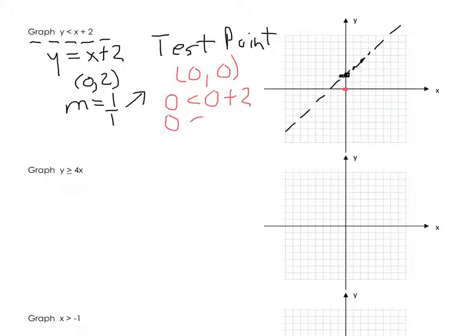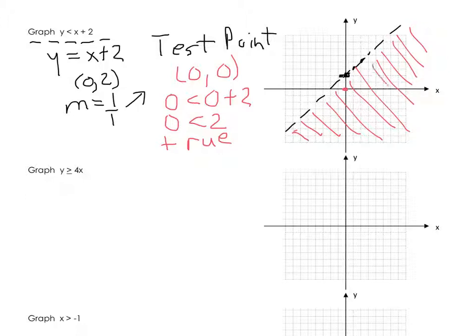Is 0 less than 2? Yes, it is. That's true. So our solution will be all points on the same side of our boundary line as our test point of 0, 0. And that is the solution. That's the set of all points that make this inequality, y is less than x plus 2, true.